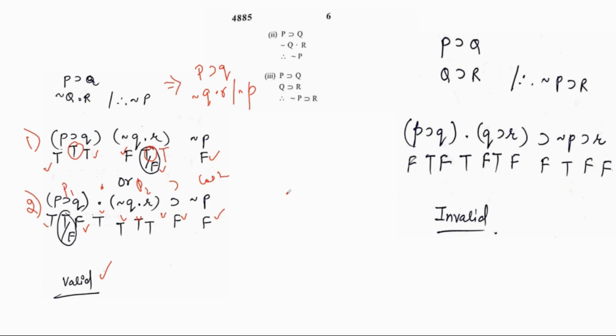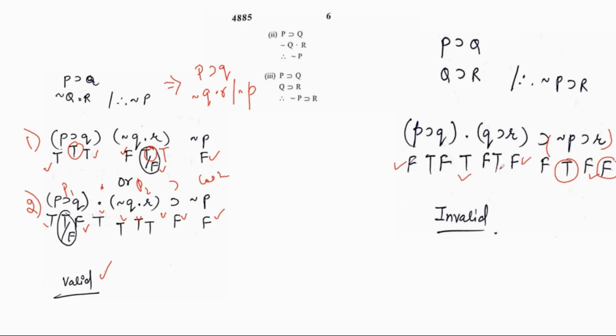So similarly जो आपका next question है, so next question में again p horseshoe q dot q horseshoe r horseshoe negation of p horseshoe q. So ये आपने false ले लिया है, this is true and this one is false. Again false एक ही condition में है when it is true and false. negation p का value is true, that means p का value is false, r का value is false.